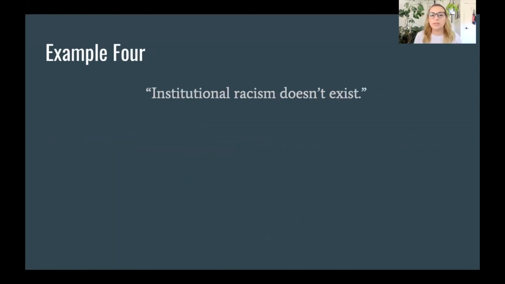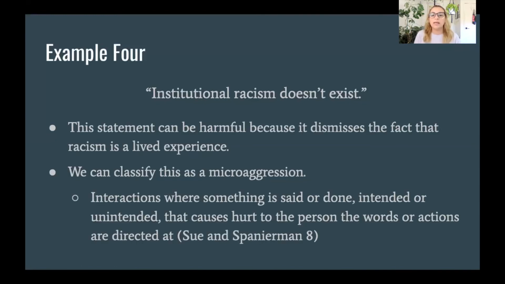Our last example states, "Institutional racism doesn't exist." Now, this statement can be harmful because it dismisses the fact that racism is a lived experience. We can see institutional racism in examples of Black individuals interacting with police or looking for employment opportunities.